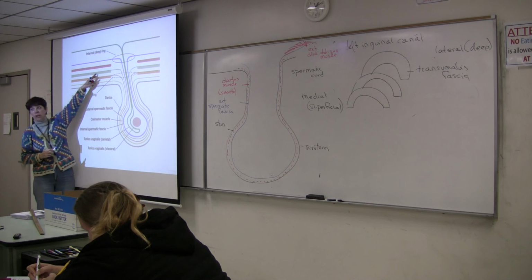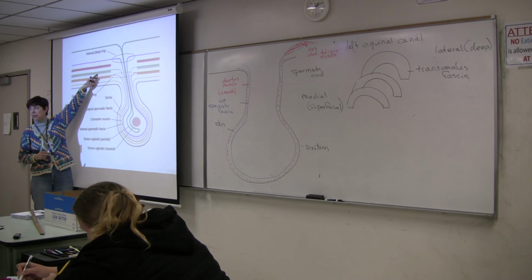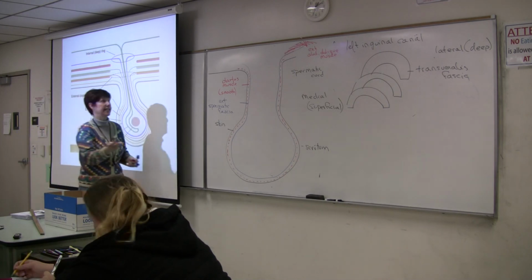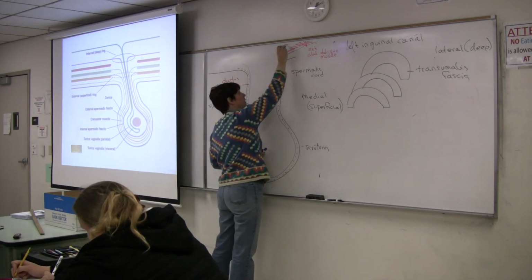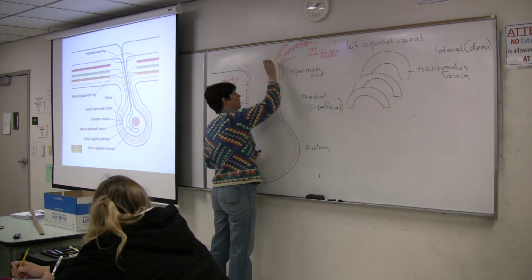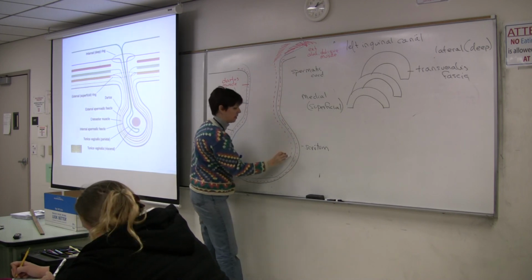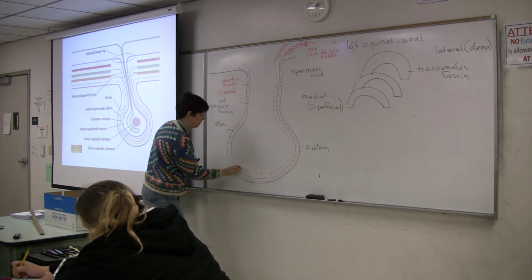The next layer of our abdominal wall is the internal abdominal oblique. And that's the one that does send muscle fibers. Only these are skeletal muscles, not smooth muscle fibers.